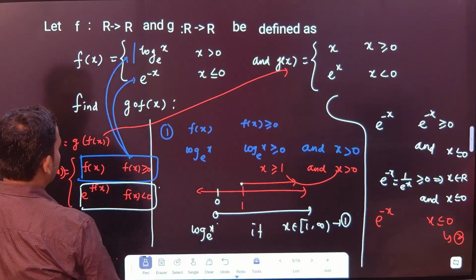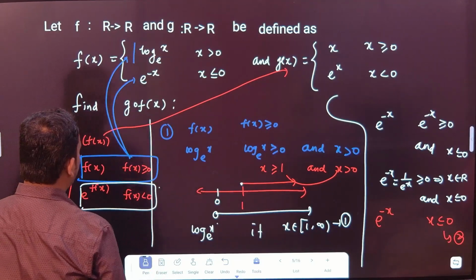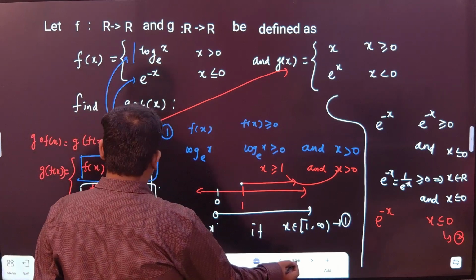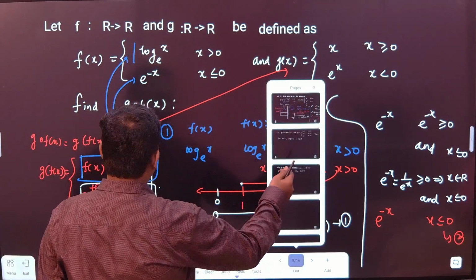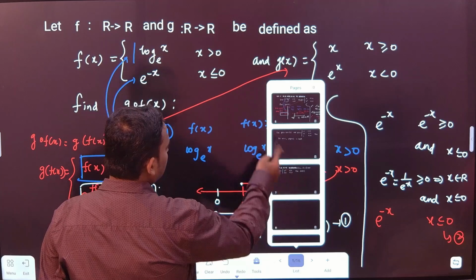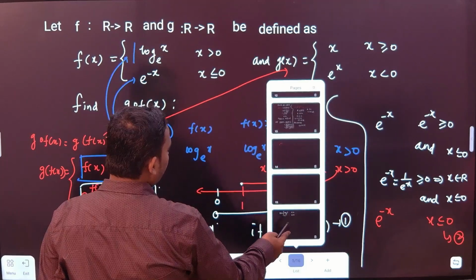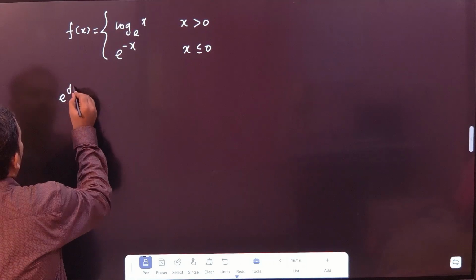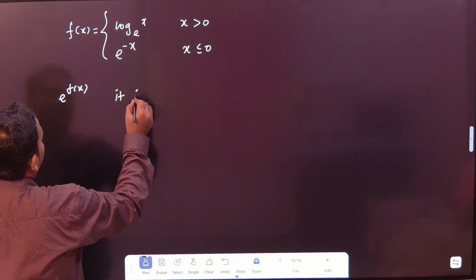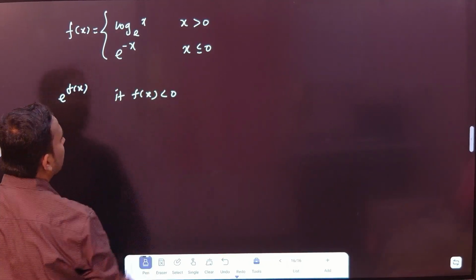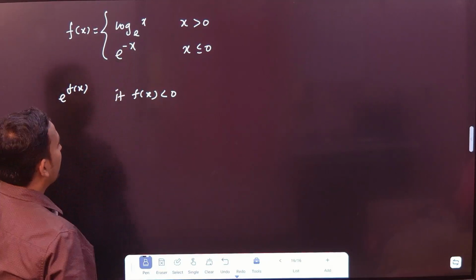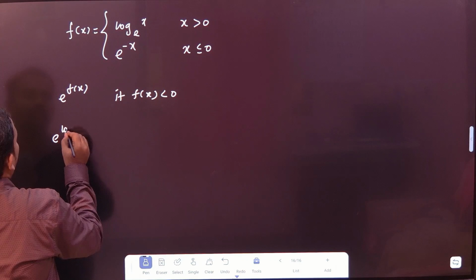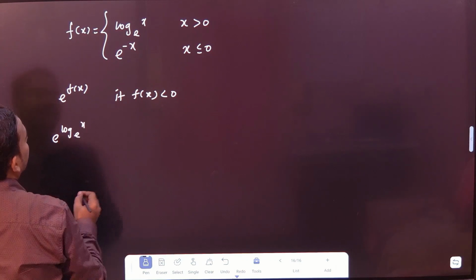Next you have to apply the second function, e power f of x, when f of x is less than 0. You know what f of x is already. Just apply the first function, e power log x base e.